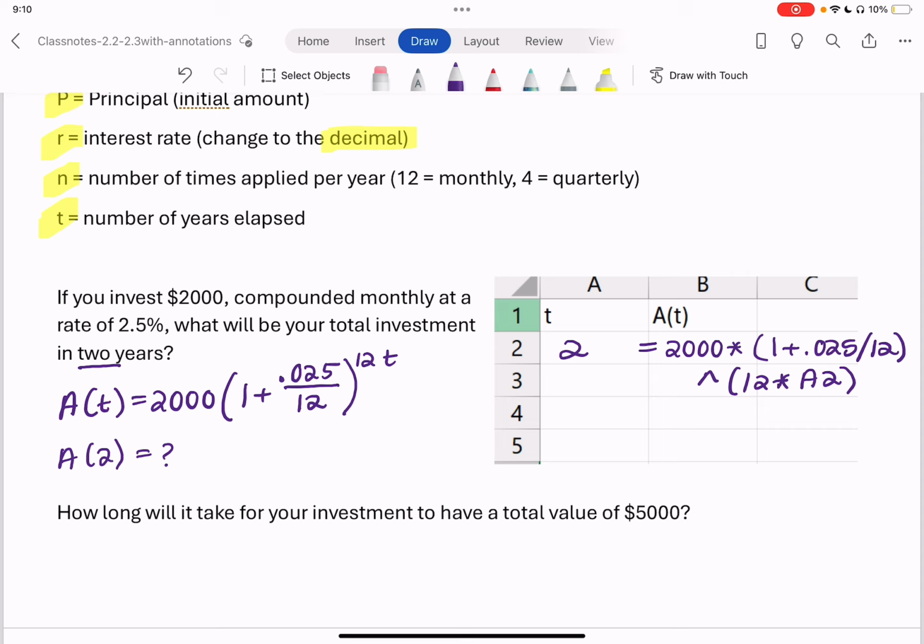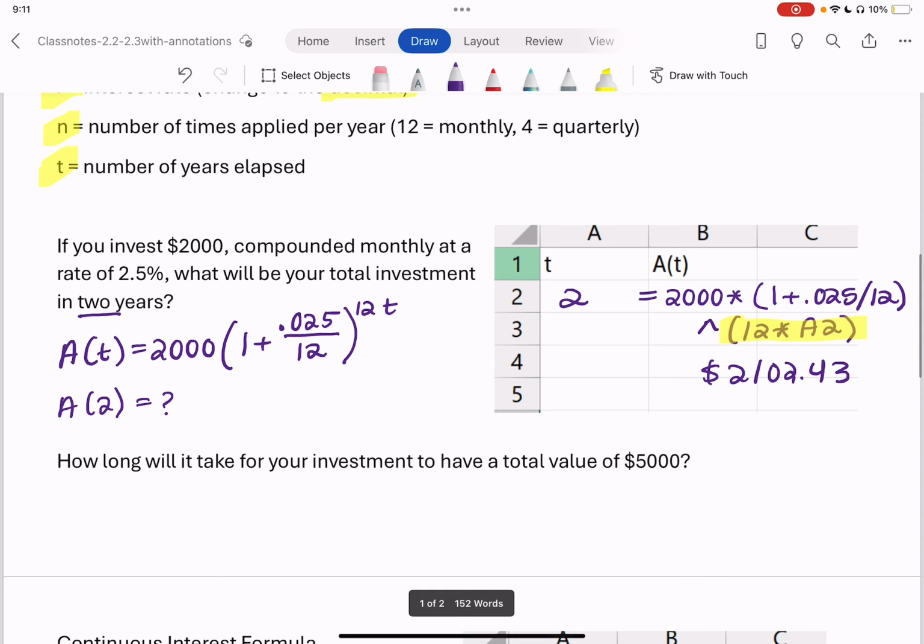Make sure you put the parentheses around this exponent here. That's the part that a lot of students leave out, and that will create an issue with getting the correct value. When you put that all in, you get $2,102.43. Try to put that in and see if you're getting that same answer.